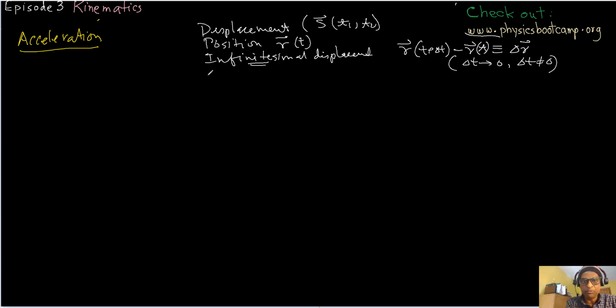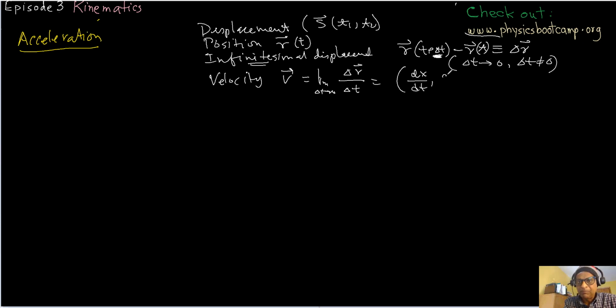And then we took a ratio of that and we defined velocity. We said, well, take the delta r and divide by this infinitesimal time and take the limit as delta t goes to 0, and so this just became dx over dt, dy over dt, and dz over dt.